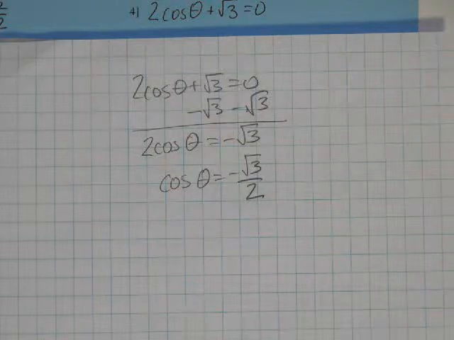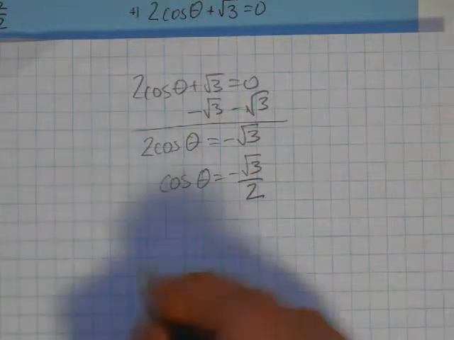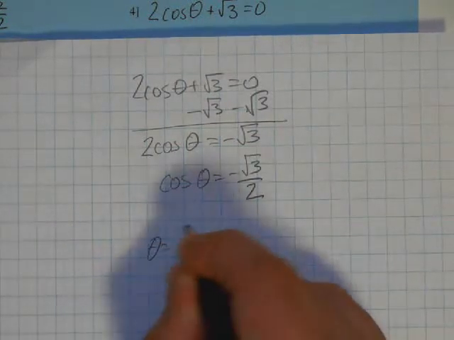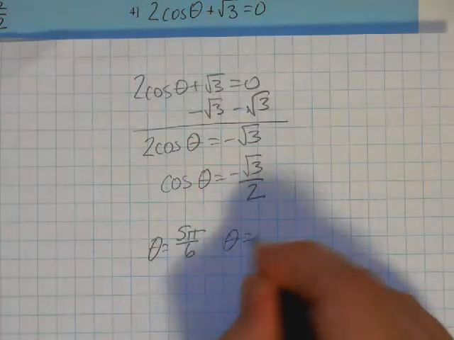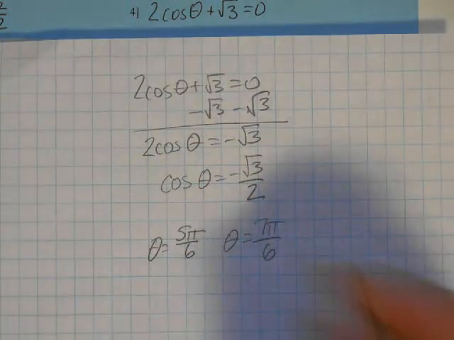Since it's just asking for the solutions in the interval from 0 to 2 pi, just look on the unit circle. When is the x-coordinate equal to negative radical 3 over 2? And your answers are 5 pi over 6 and 7 pi over 6.